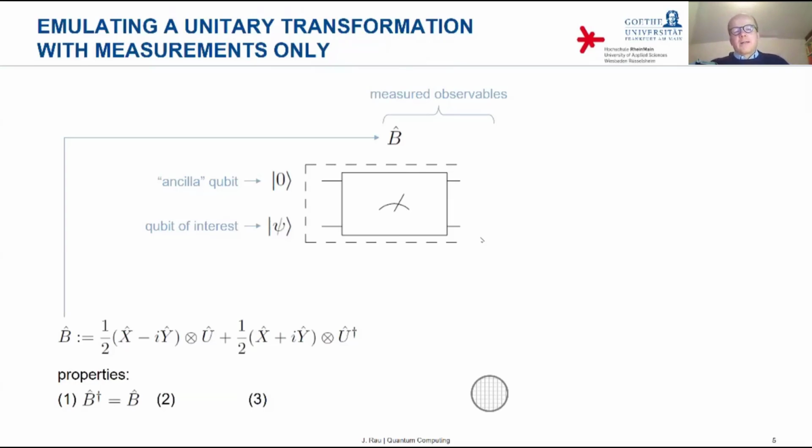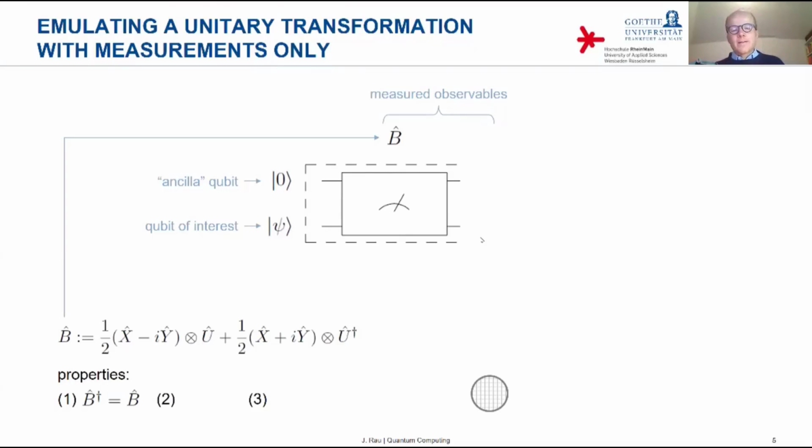So when you take the Hermitian conjugate of the first factor of the tensor product, then all that changes is the sign in front of the imaginary unit. And that's precisely the first factor that you have in the second summand. Yeah, so the first factor in the second term of the sum is the Hermitian conjugate of the first factor in the first term.